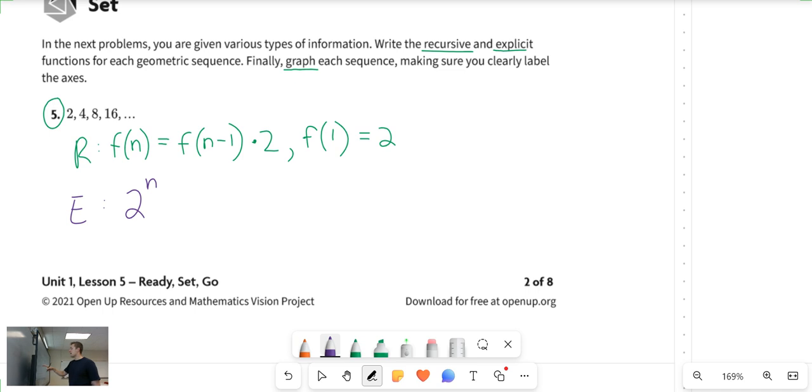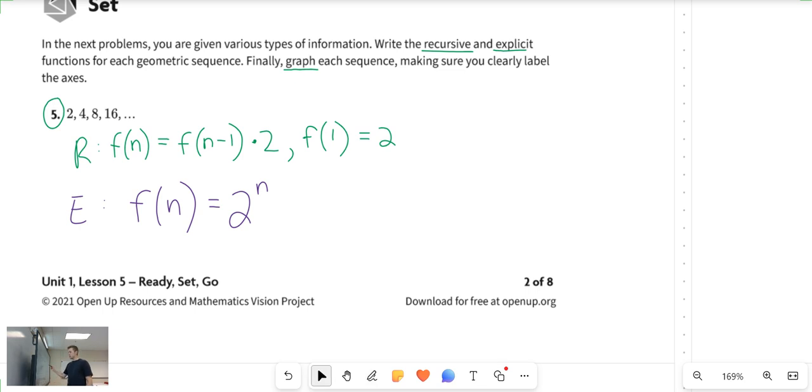So we can do 2 to the n. If we plug in a 1, we just get 2. If we plug in 2, that'll be 2 squared, which is 4. So this will work out. I have to write f of n equals 2 to the n. That is our explicit.